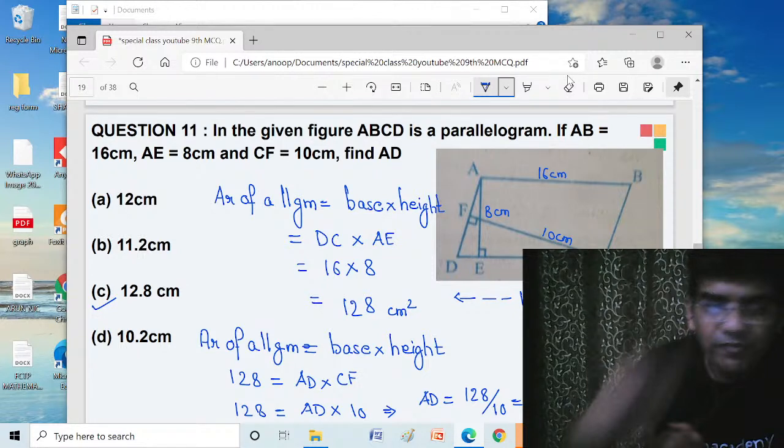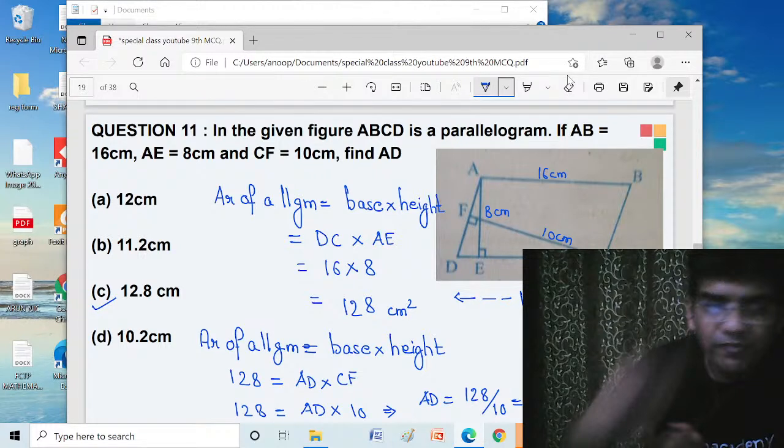Now this I can consider as the second pair. If the perpendicular is on the second pair, then this perpendicular will be known as height and the second paired side will be known as the base. So this will be the base now. But the area will remain the same because it's the same parallelogram.